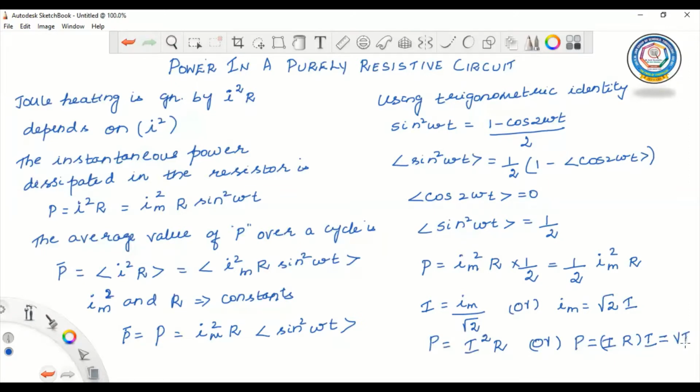Yes, because IR is nothing but V. So the average power over one complete cycle of alternating current is the product of virtual voltage and virtual current.